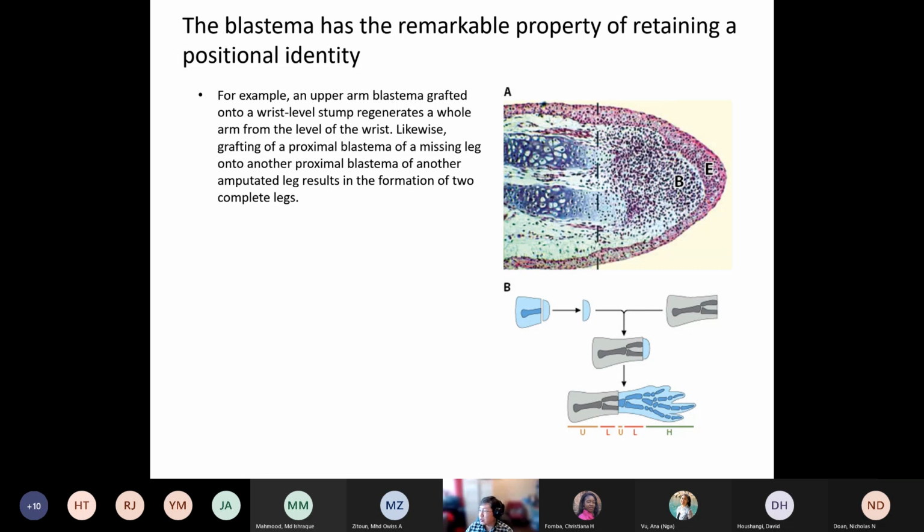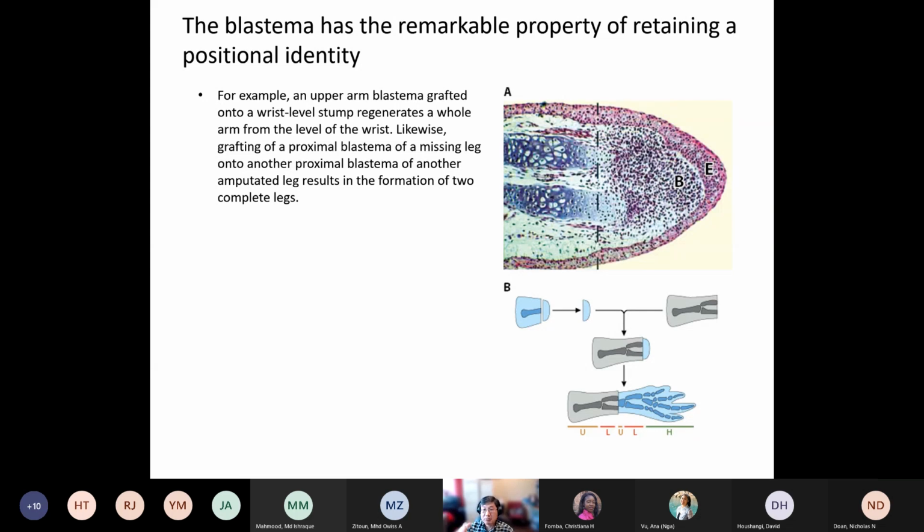So you transfer the blastema from the upper arm toward the lower arm, or lower limb. So guess what will happen? Amazingly, this blastema is going to regenerate almost the full length of that limb.